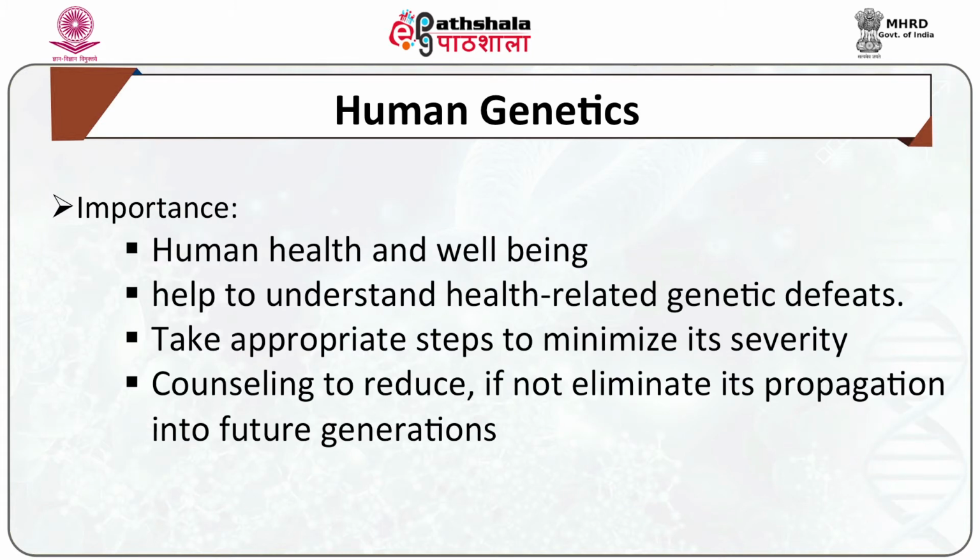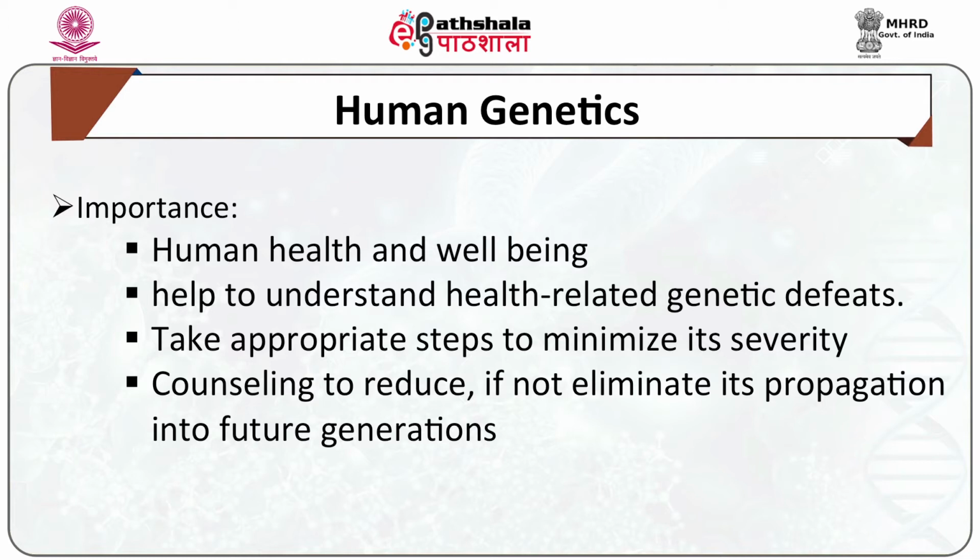The identification of the trait might be of importance to human health and well-being, or help in understanding health-related genetic defects. Knowing the nature of the defect or of those bearing it, that is the carrier, enables us to take appropriate steps to minimize its severity, and counseling can be given to reduce, if not eliminate, its propagation into the future generation.